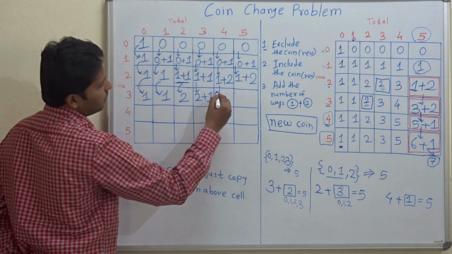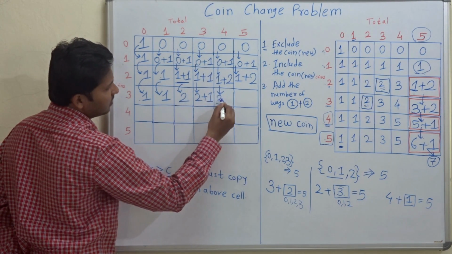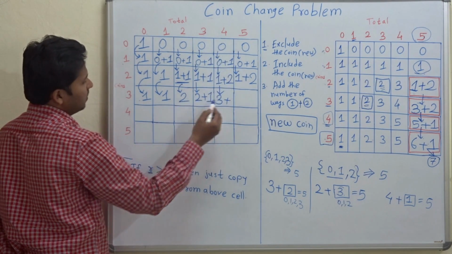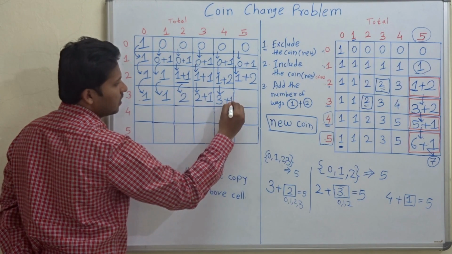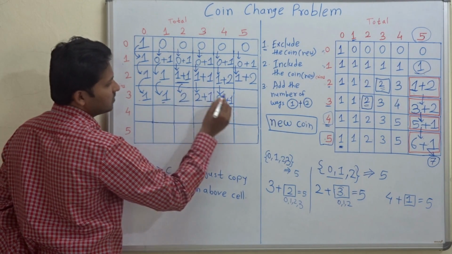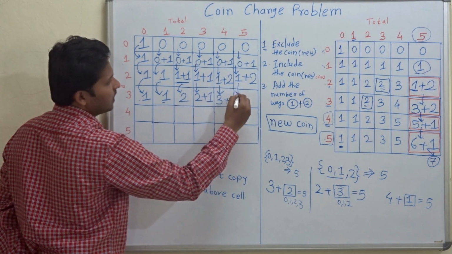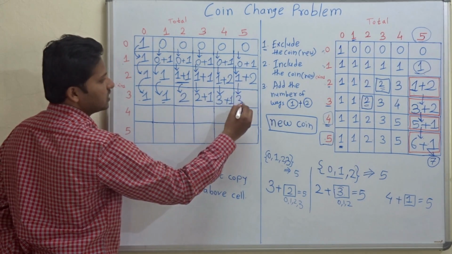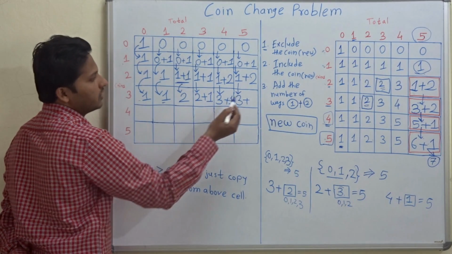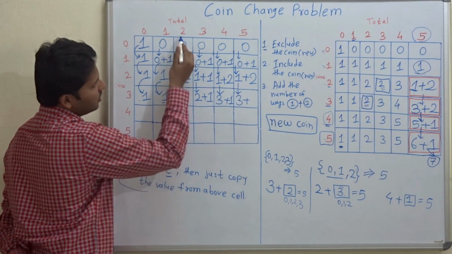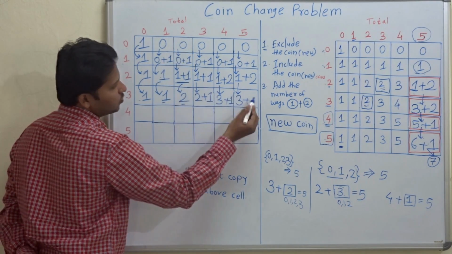Now for 4, 1 plus 2 is 3. 4 minus 3 is 1. So in the same row, go to the first column and copy this 1. For 5, 1 plus 2 is 3, plus 5 minus 3 is 2. So in the same row, go to the second column and just copy this 2 here.